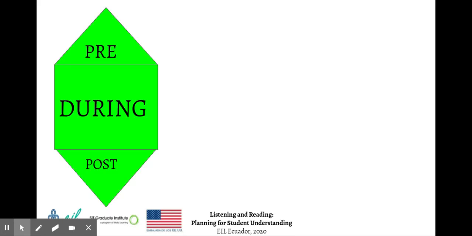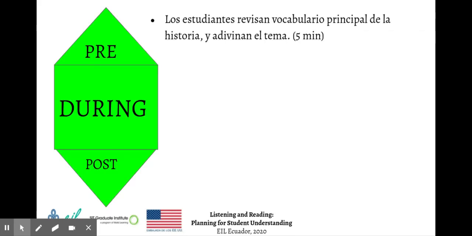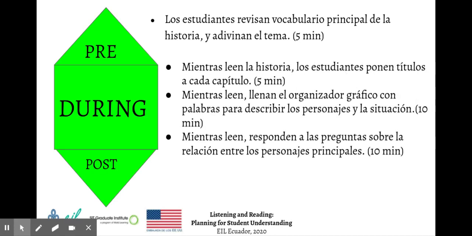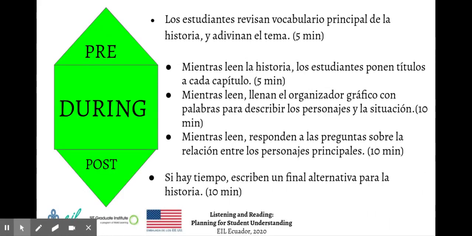So again, pre, during, and post. We have a short pre, 3 during activities, getting deeper and deeper into the reading at least 3 times, and finally, an interesting post where they get the chance to, if there's time, write an alternative ending for the story.